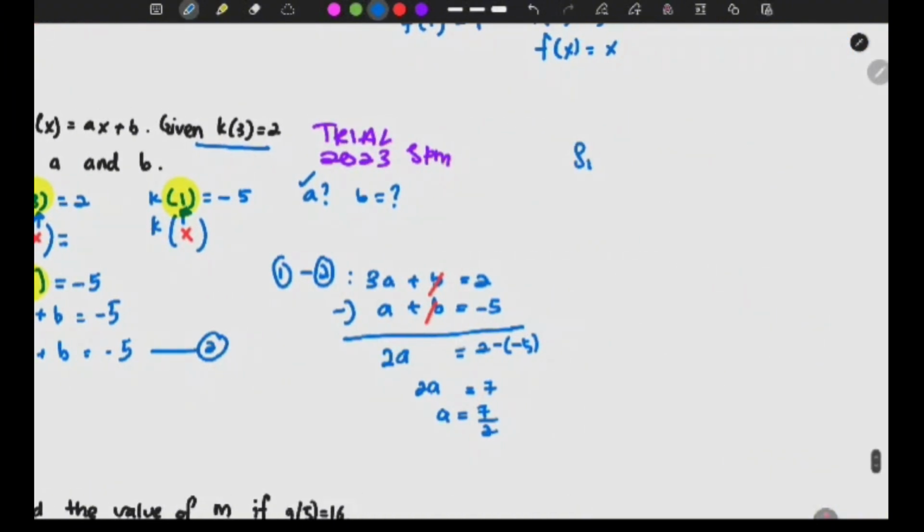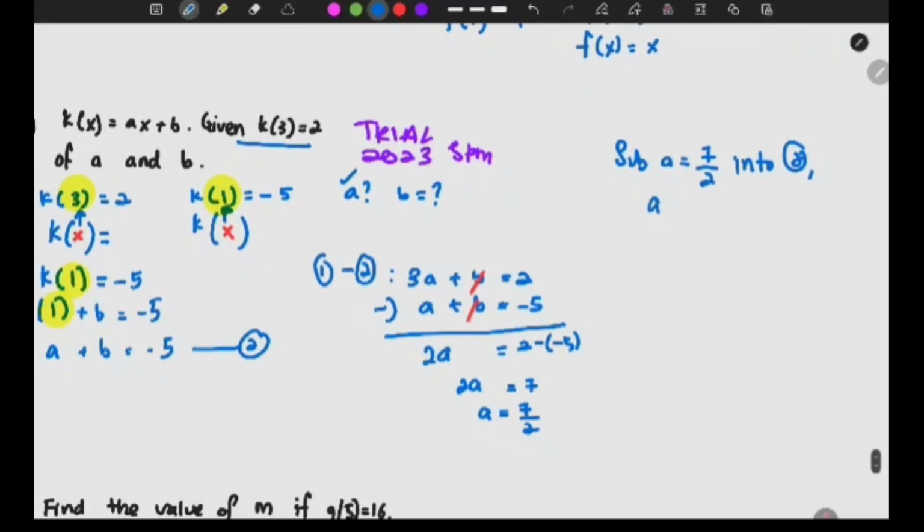And what is my b? So -5, the 7/2 shift this side, become -7/2. And if you press your calculator, -5 minus 7/2, you get -17/2. And then I got my a, 7/2 and b is negative 17/2. Ta-da! Here you go.